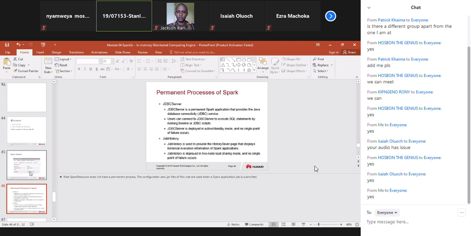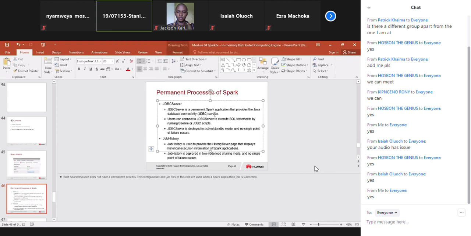Now, permanent processes of Spark. Spark resources do not have a permanent process. The configuration of jar files of this role are used when a Spark application job is submitted. I need you to understand what a JDBCServer is.